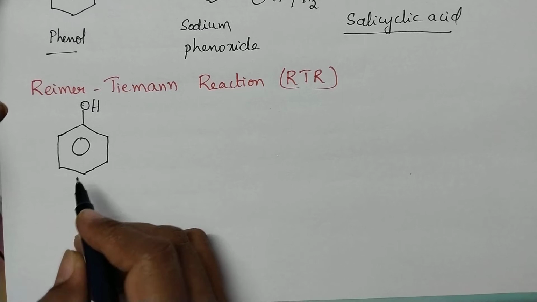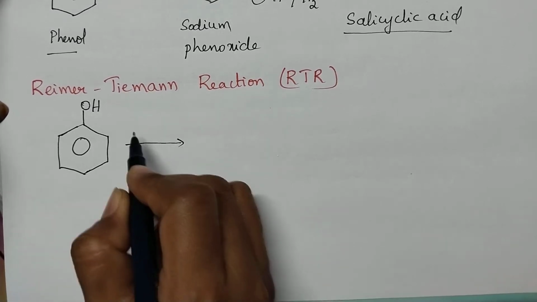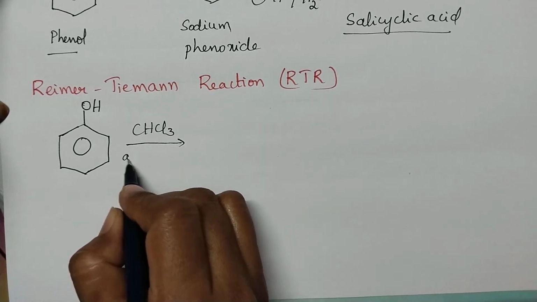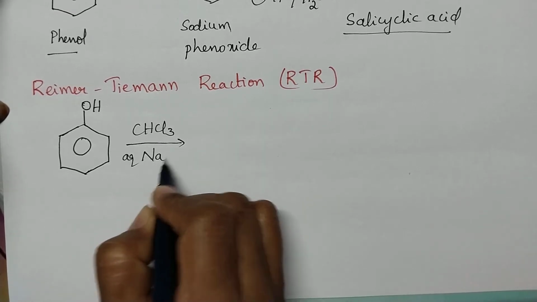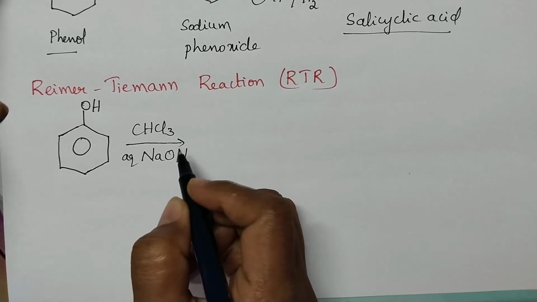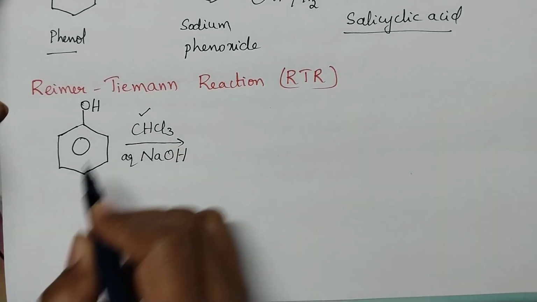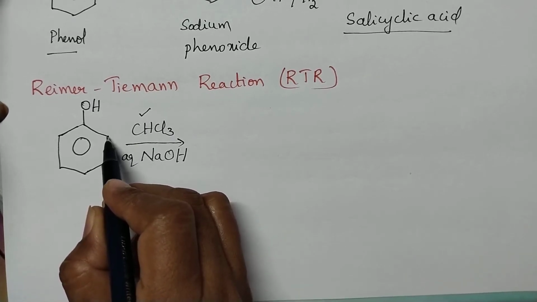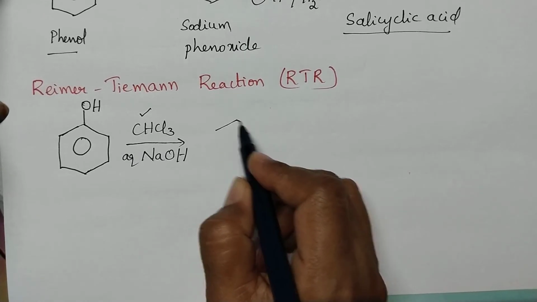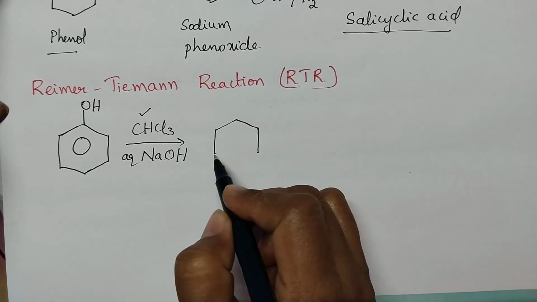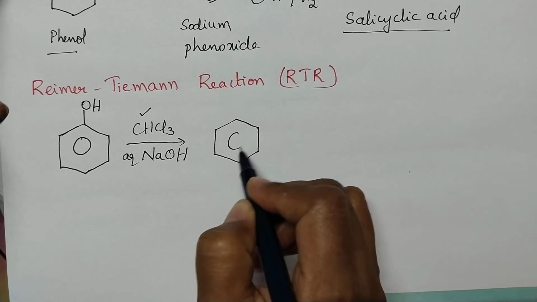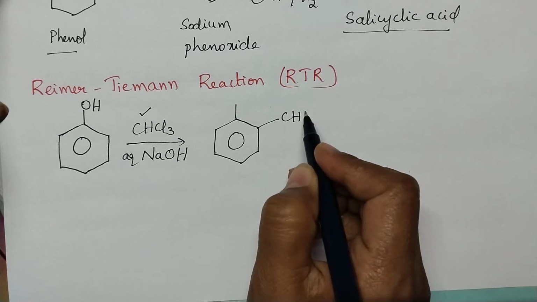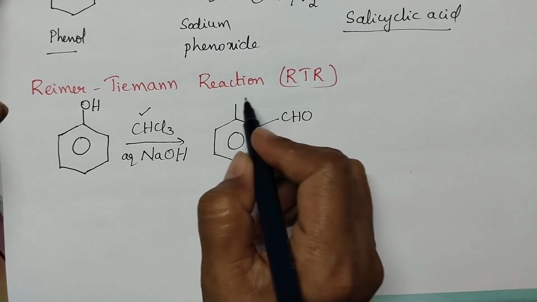This phenol on treatment with chloroform in the presence of aqueous NaOH, what happens? Due to the reaction with chloroform, an aldehyde group will be introduced at the ortho position. Simply, the aldehyde group is introduced at the ortho position.